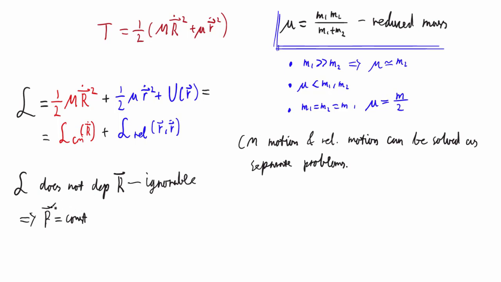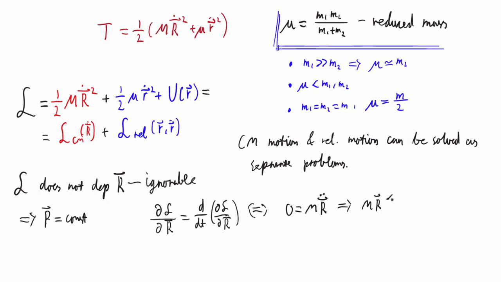So that should be the equation of motion in capital R. I can just quickly verify that. So m capital R dot is constant, same thing as saying that the total momentum of the system is constant.